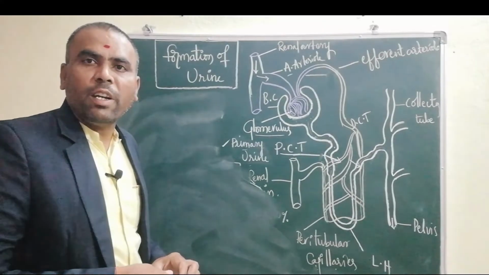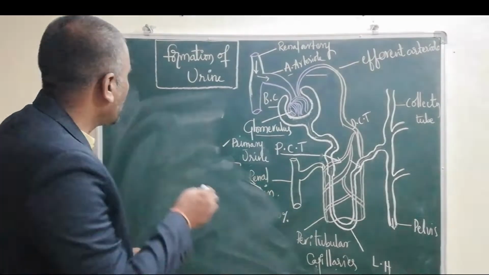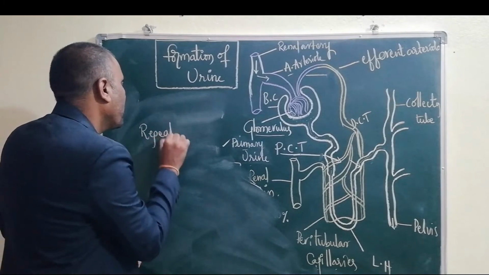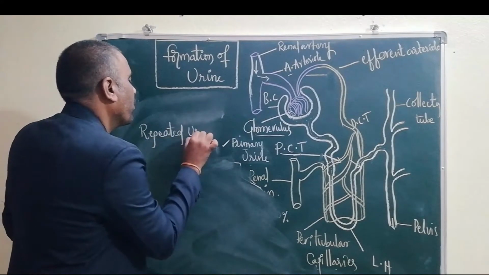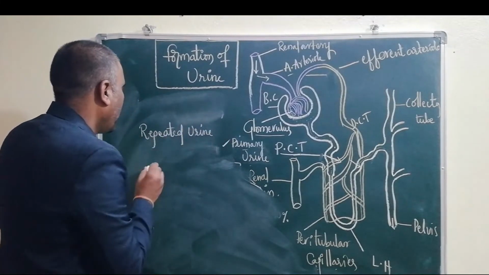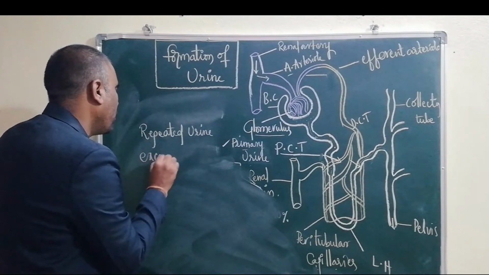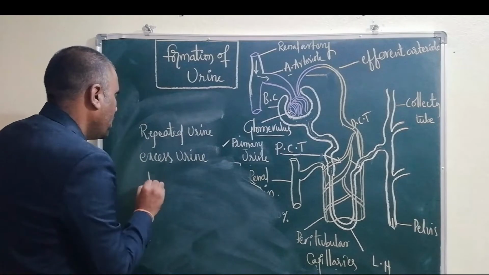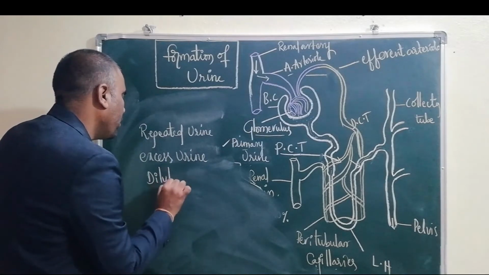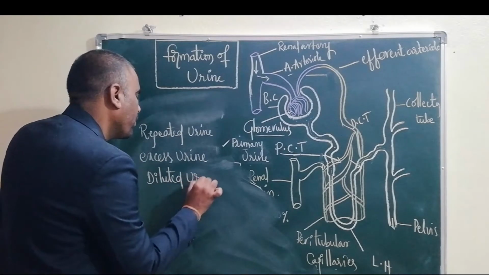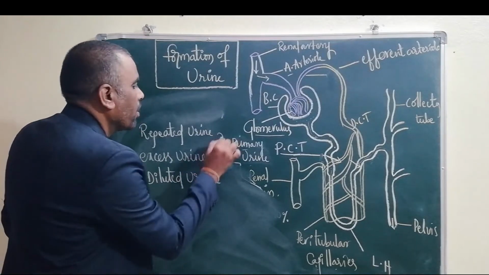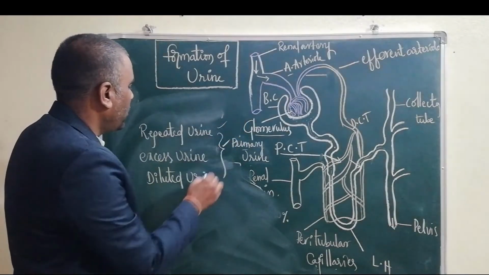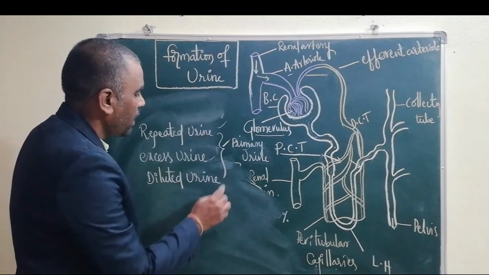Due to the deficiency of vasopressin hormone, it causes repeated urination, excess amount of urine, and diluted urine.